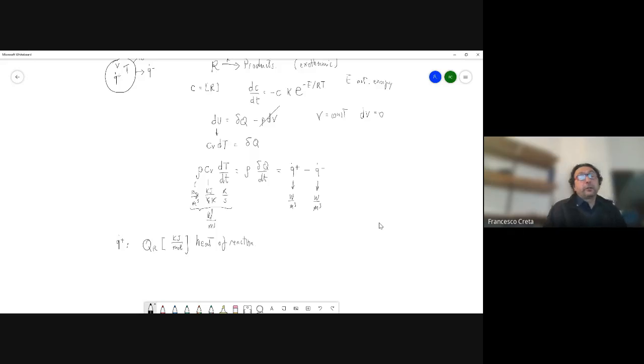The amount of energy released per unit mole of R which is reacting.